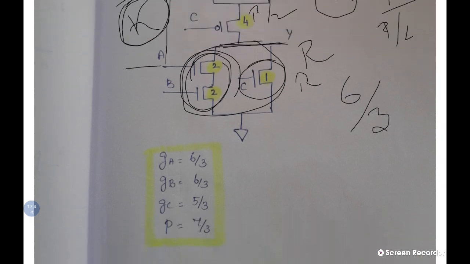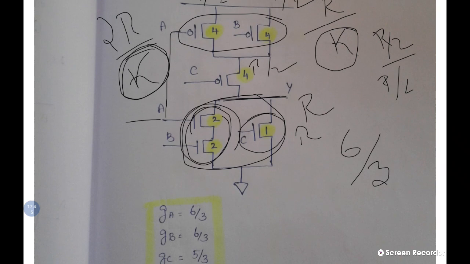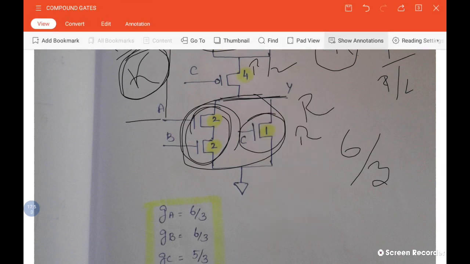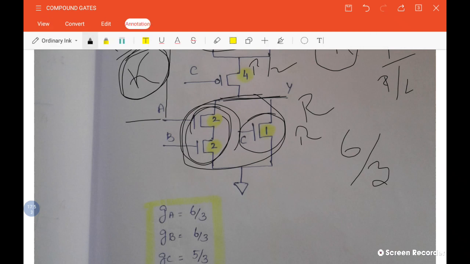Similarly, the parasitic delay. The parasitic delay calculation is very simple. You take only the output diffusion capacitance. So at the output, what are all the capacitances connected? From the pull up, you have one size 4 PMOS. From the pull down, one size 1 NMOS, and from this NMOS, you have 2.